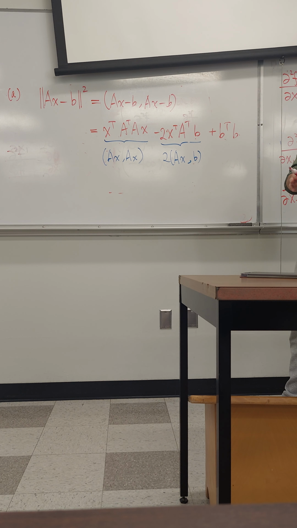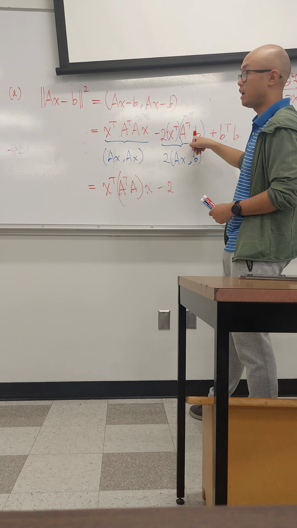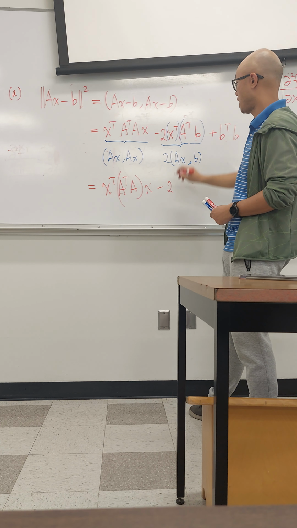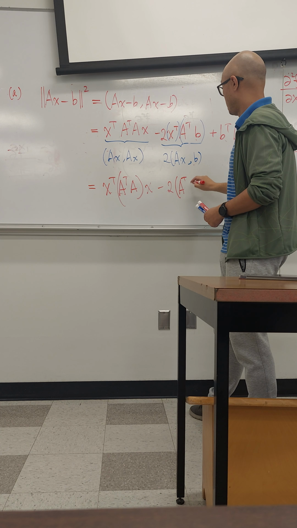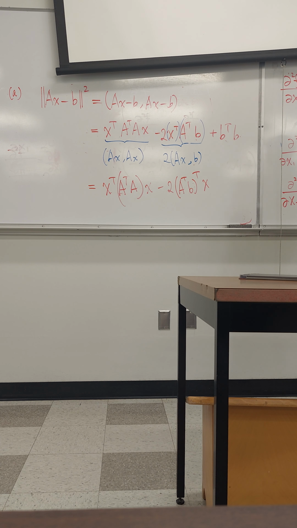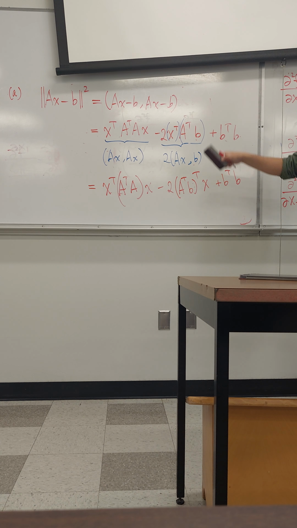What happens is this is x transpose A transpose Ax subtract 2 times, and x transpose this guy is also this guy transpose times x, so it's A transpose b transpose times x, plus b transpose b. So now we can use that formula.